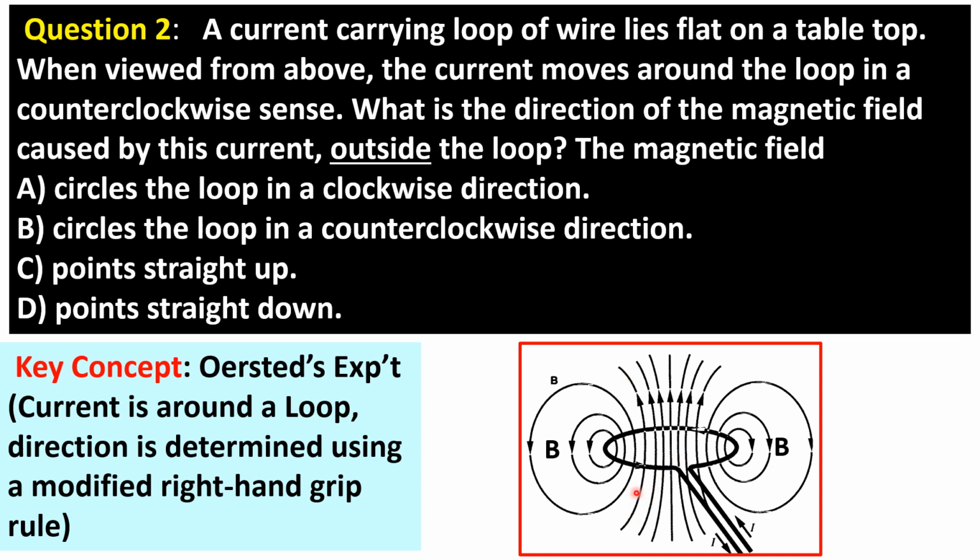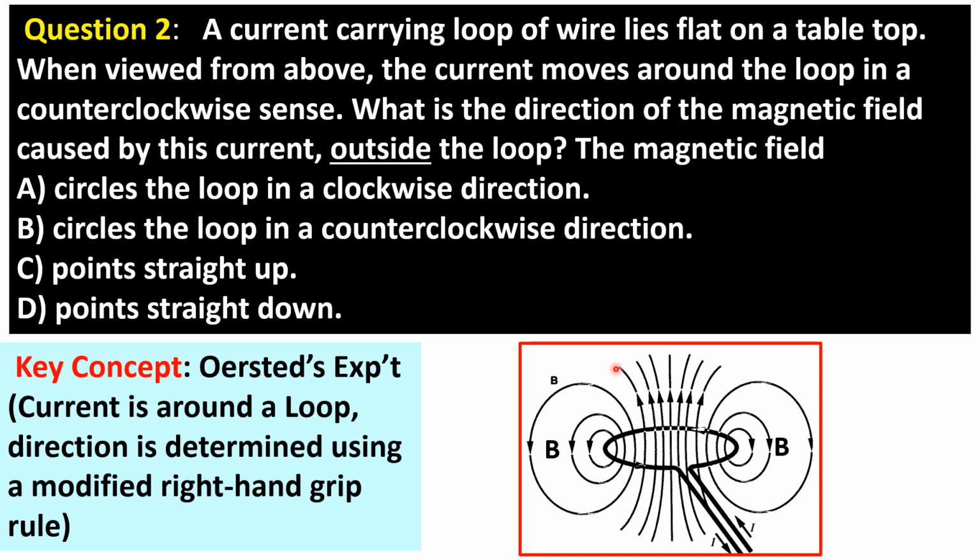For example, this one. Actually, it's not shown anymore in this illustration, but each and every magnetic line here completes a circular loop. For example, this one.